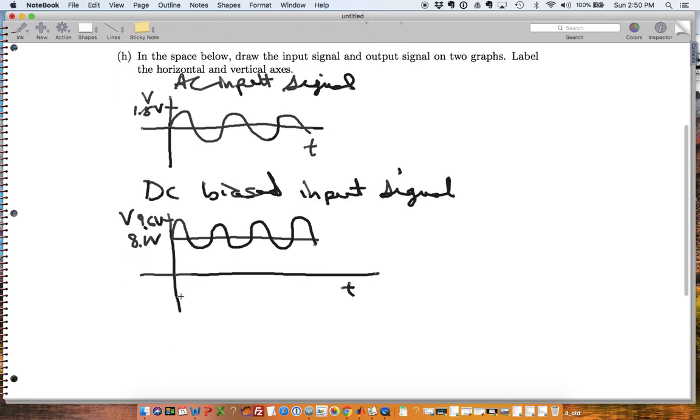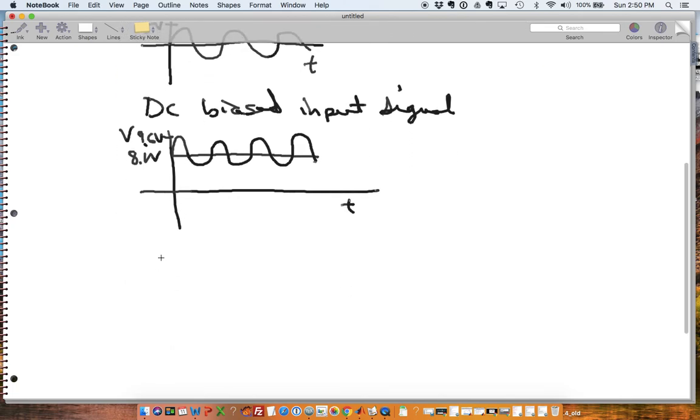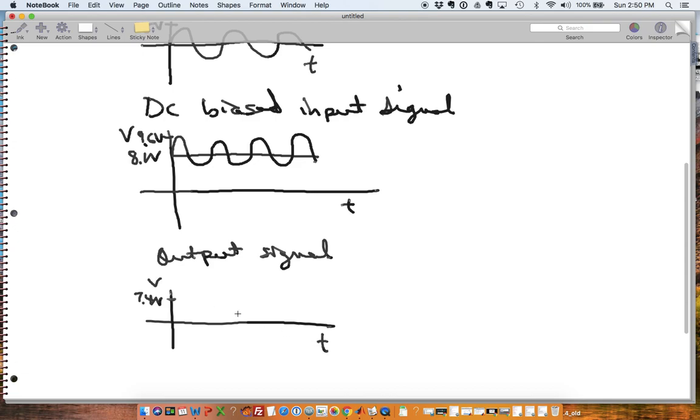And so what does our output signal look like? This is our output signal. Now this time it's around 7.4 volts. Voltage, time, draw that.